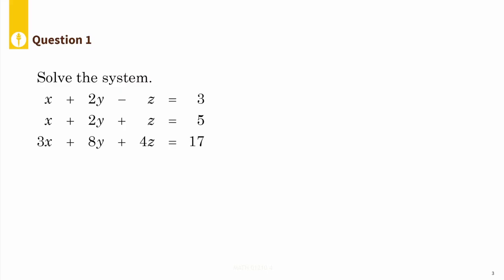First column is going to represent the coefficients of your first unknown, in this case x. Second column is going to be the coefficients of your second unknown, and then the coefficients of the third.